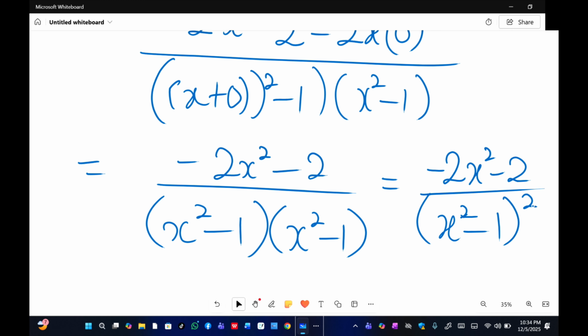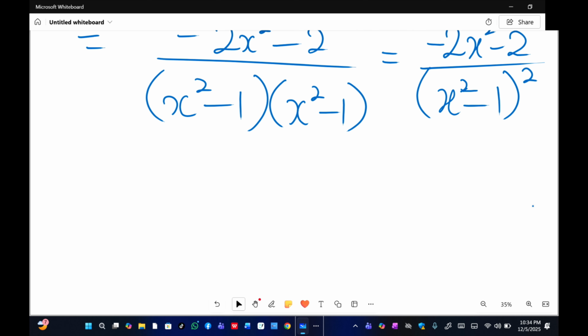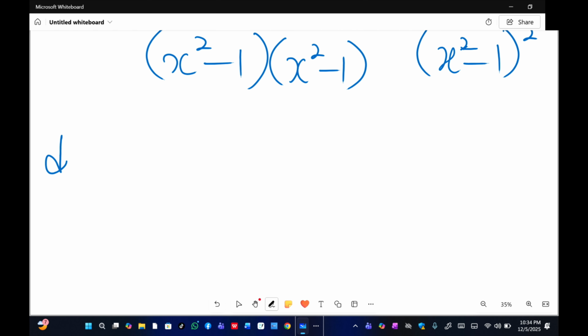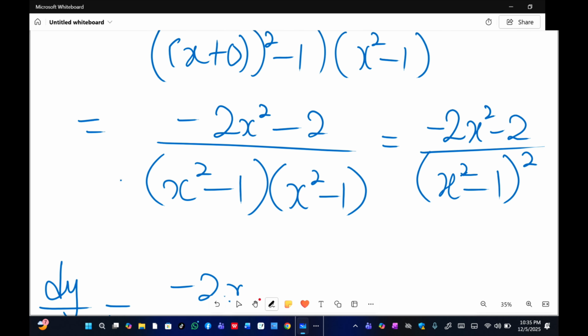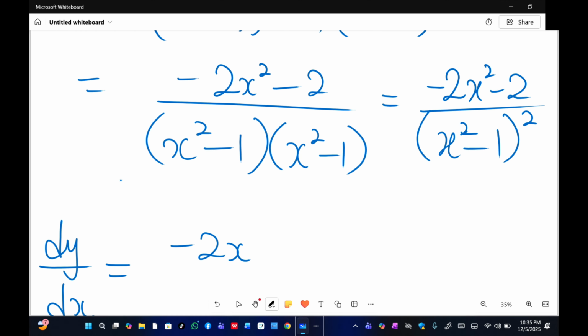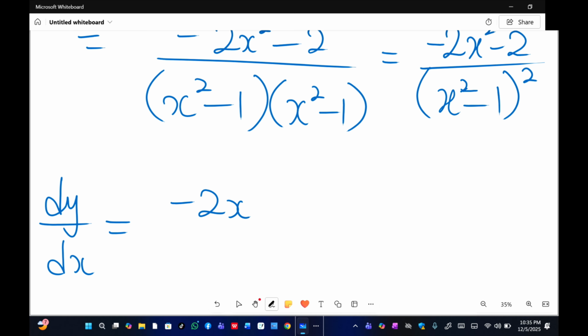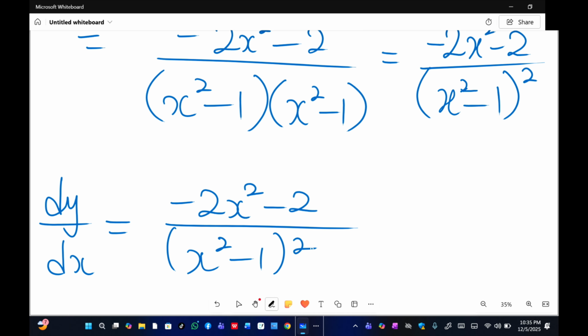So this becomes the derivative of the given function. So we conclude that dy dx is equal to negative 2x, I think it's negative 2x squared. Okay, it's negative 2x squared minus 2, all divided by x squared minus 1, all squared.